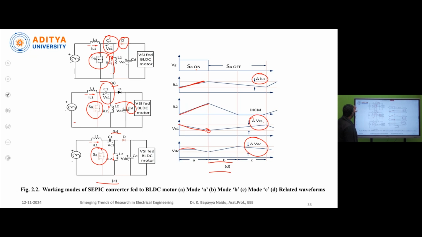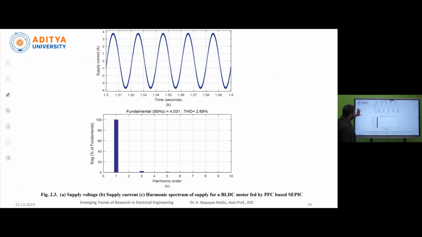Okay, here now if you are running this SEPIC converter in a MATLAB program, we have obtained this supply current. Okay, previously in conventional control, it completely deviates in shape from this sinusoidal waveform. But here, whenever you are using this SEPIC converter, here the shape will be sinusoidal wave.